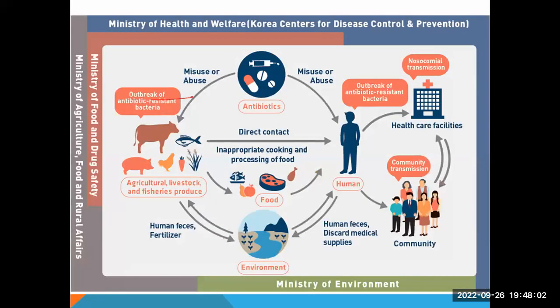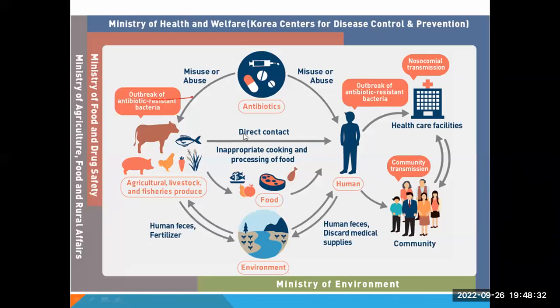So I personally consider this slide very, very important. It sums up all what I was trying to say, that it's not one sector's problem. As you can see here, the misuse or the abuse of antibiotics definitely leads to outbreaks of antibiotic resistance in the animal sector, terrestrial and aquatic, and definitely impacts the human part of it.